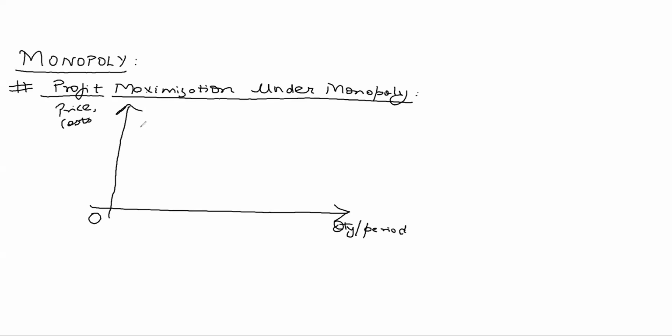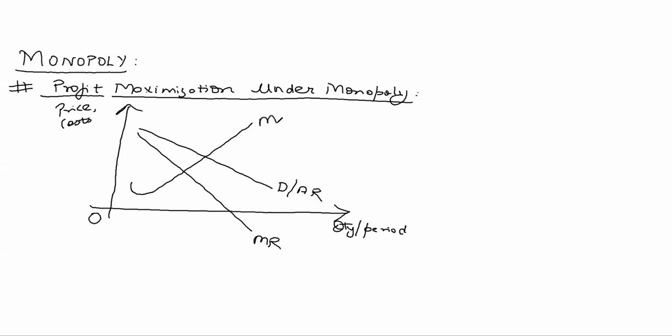This is the demand curve facing the monopolist, also called the average revenue curve. Then we have the marginal revenue curve, or the MR curve. Then we have the marginal cost curve of the monopolist.